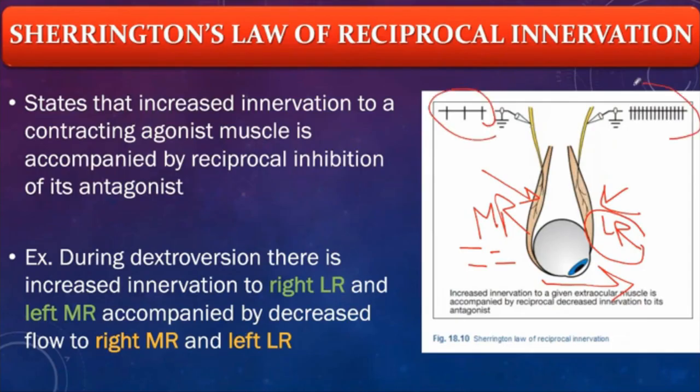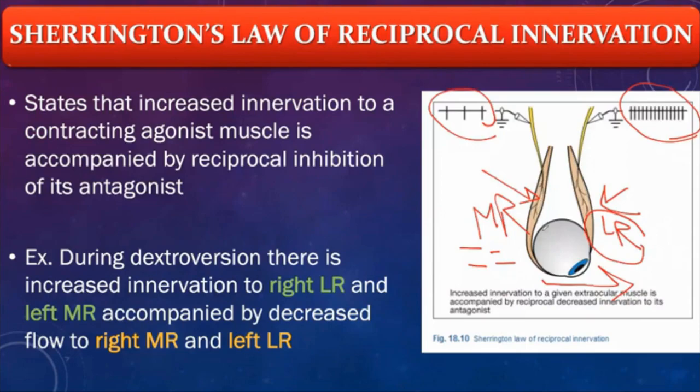You can see that there is increased innervation to the lateral rectus, but there is inhibition to the medial rectus, because if the agonist and antagonist are contracting together, they will not produce the desired action. So in order for the lateral rectus to contract, the medial rectus should be relaxed.